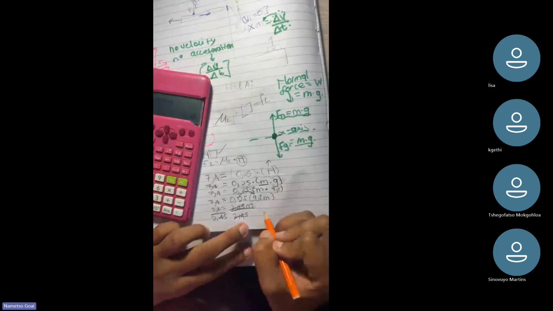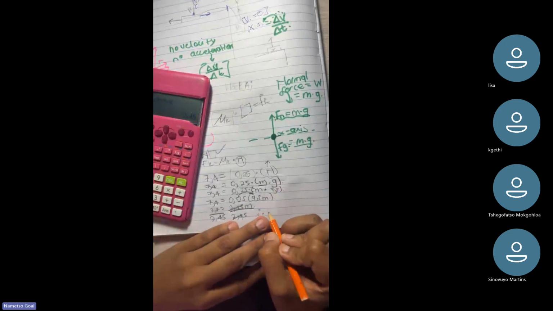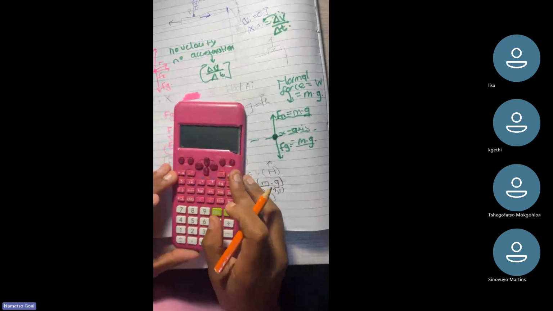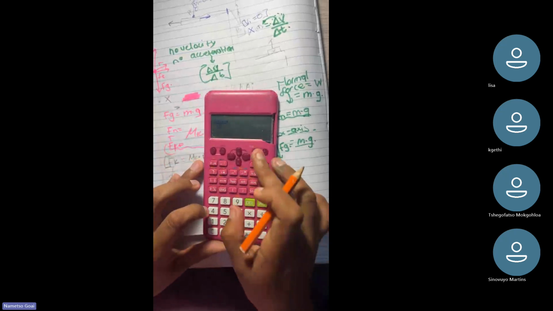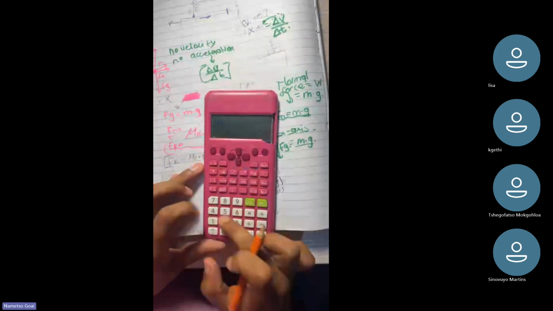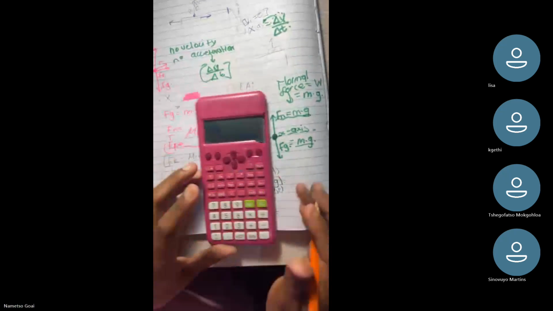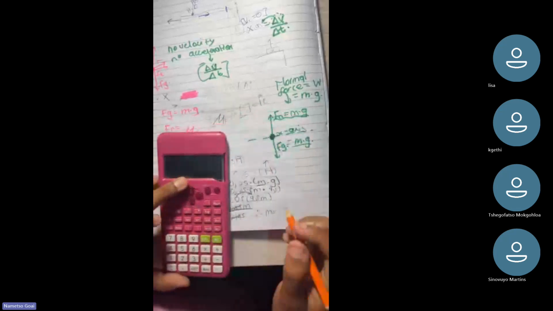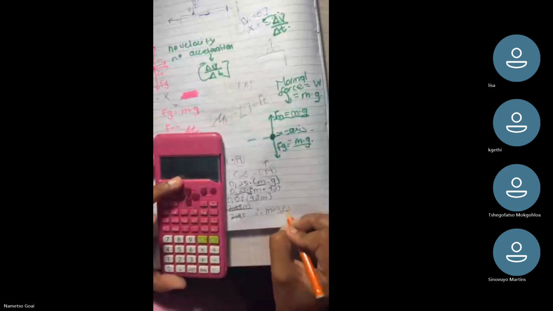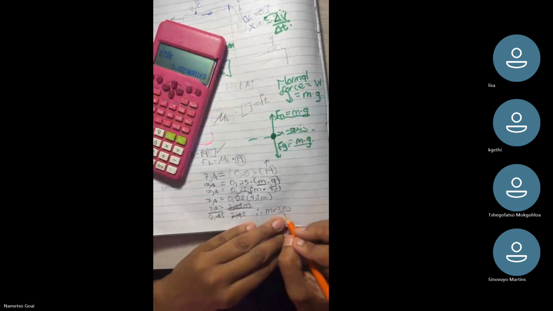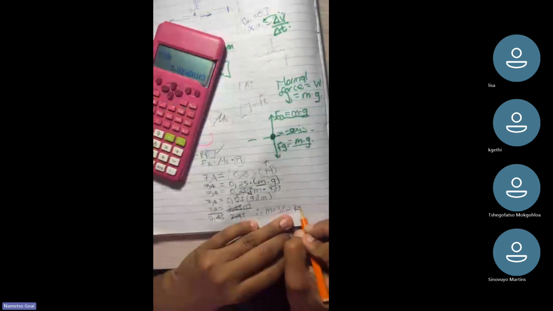Therefore, our m will be equal to 7,4 divided by 2,45, which is 3,02. As a unit of mass, it's always kilograms. You guys understand that?